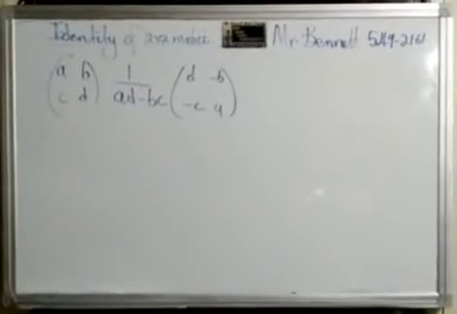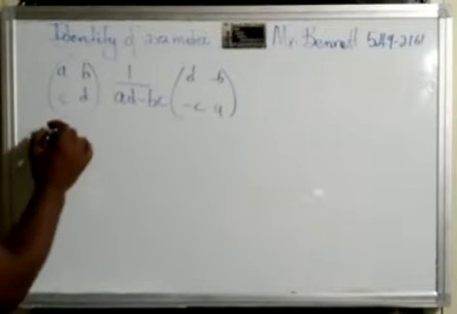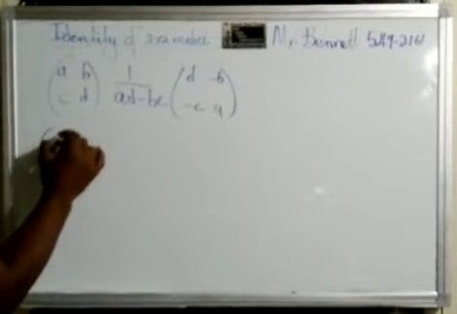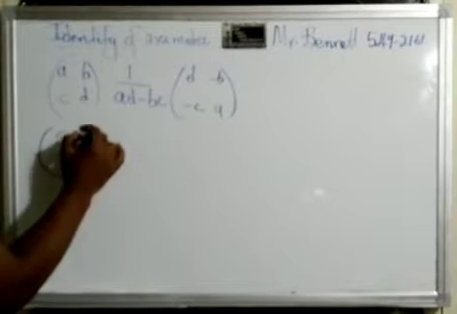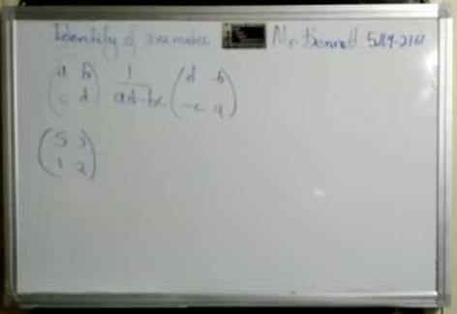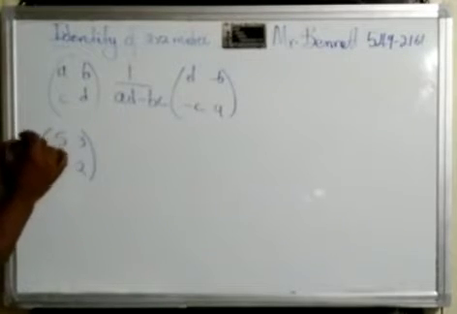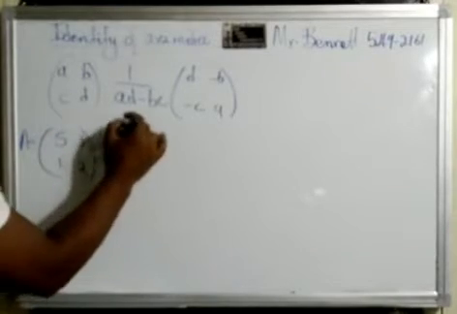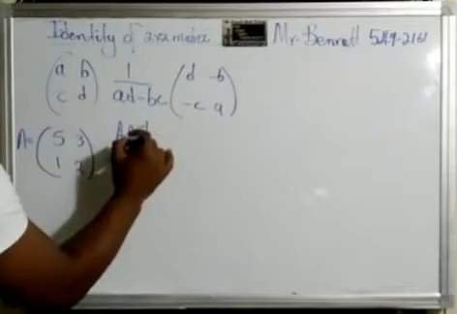Now let us say we are given this 2x2 matrix. To find the identity, let us call this A. It is the matrix times its inverse.